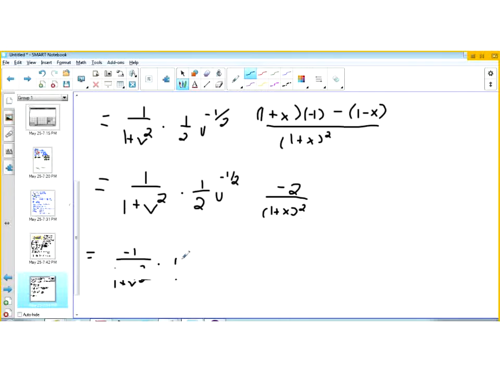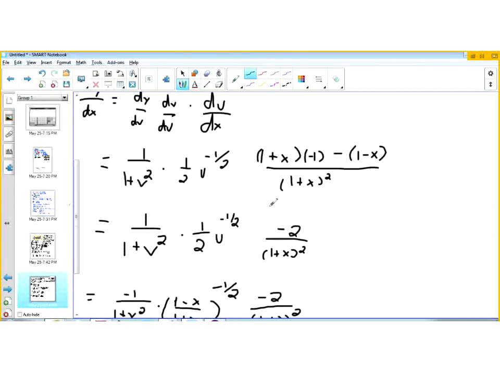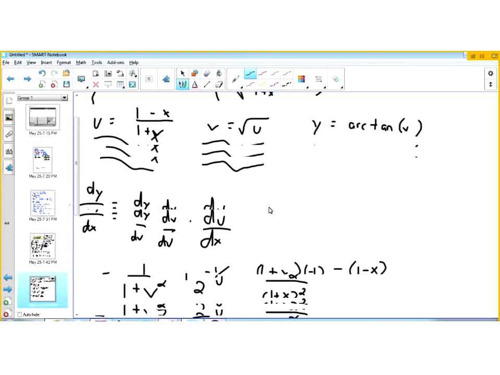And then u is what? We said u is (1 minus x) over (1 plus x). So we'll have (1 minus x) over (1 plus x) to the negative 1/2. That would be u, and then times the negative 2 over (1 plus x) squared. Now we have to replace v with its representation in x.